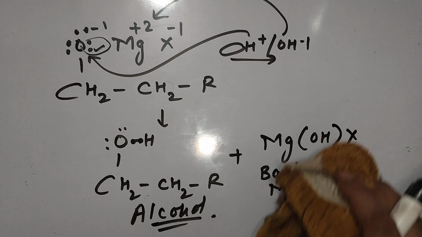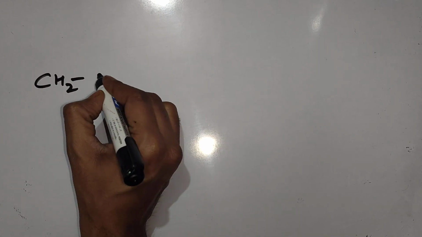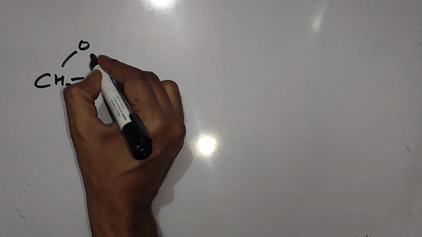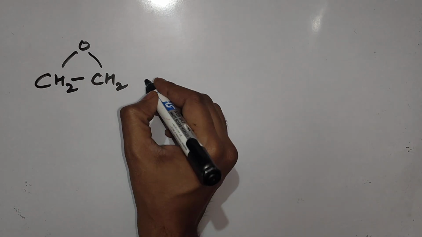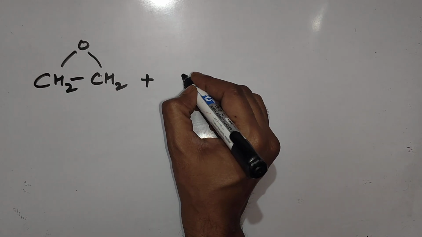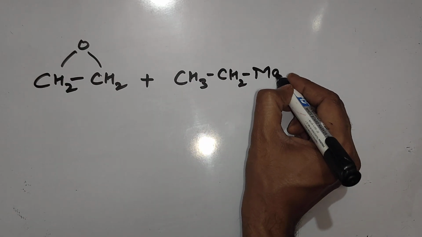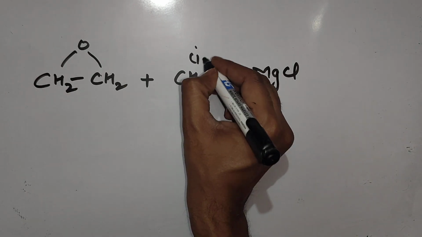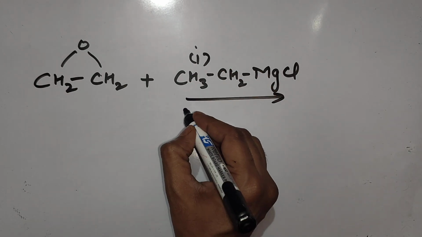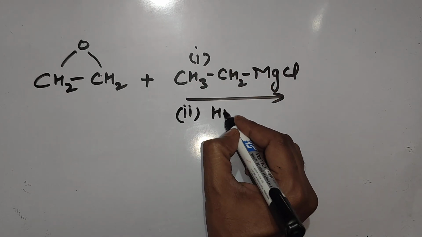Let's check one original reaction. Like if the reaction is given: CH2, CH2, ethylene oxide, reacting with suppose CH3CH2MgCl. First reaction. Second, hydrolysis.